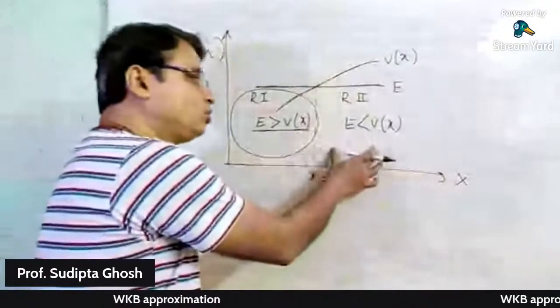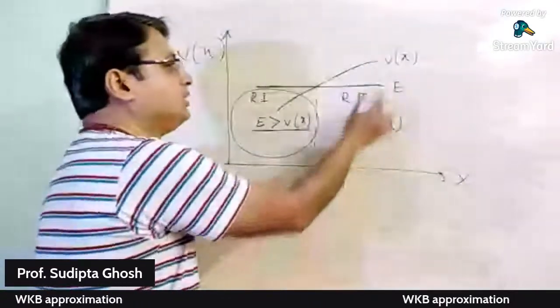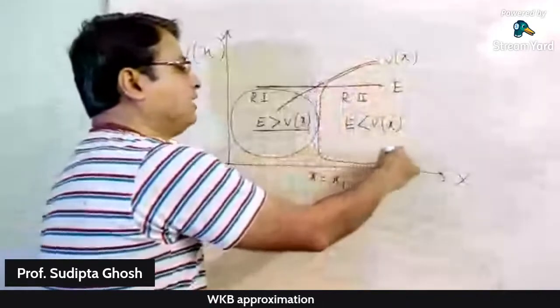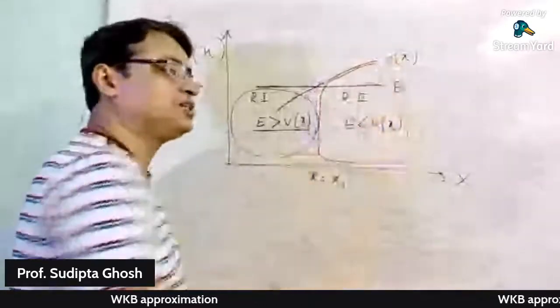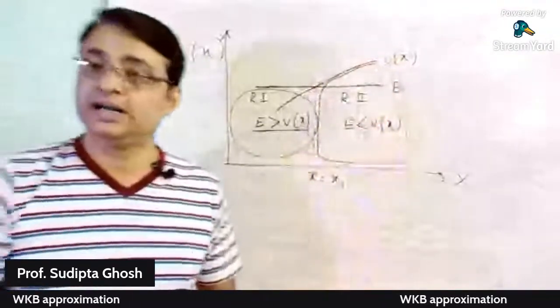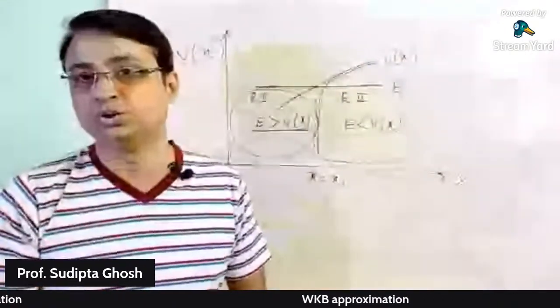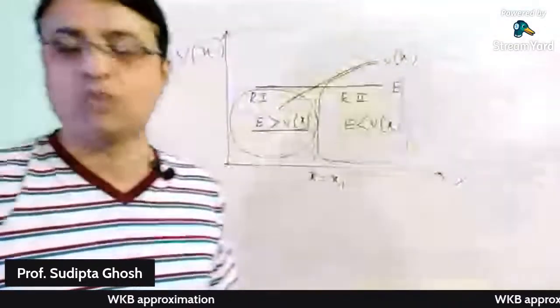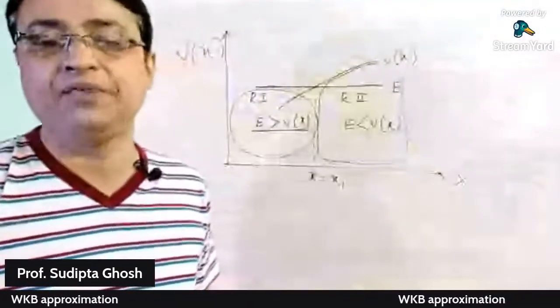And in region 2, the potential V(x) of the region is greater than the energy of the particle. So in region 2, E is less than V(x), and in region 1, E is greater than V(x).